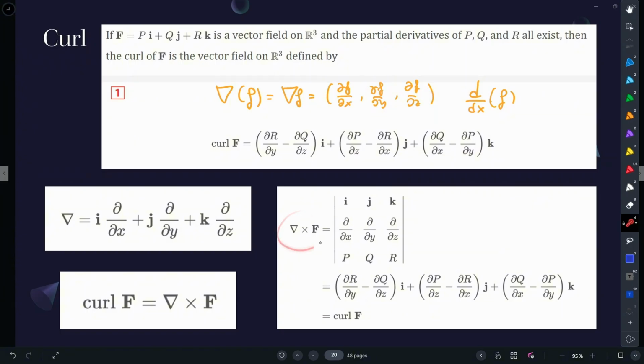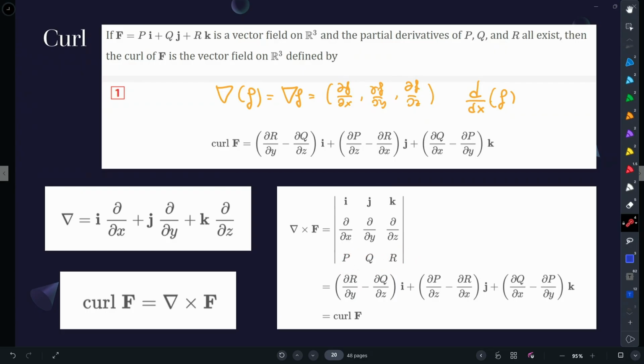So if I do that, remember the formula for a cross product, I put i, j, k, the unit vectors of a standard basis of R3. And then the second vector is this vector, which is just a vector of operators. And f is given by coordinates p, q, and r, which are functions of x, y, and z. So I put it here.